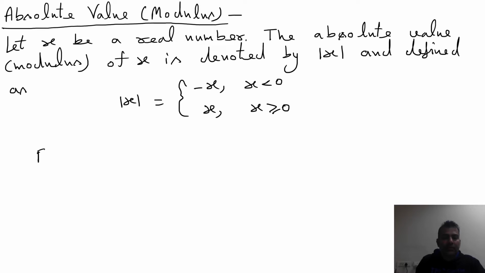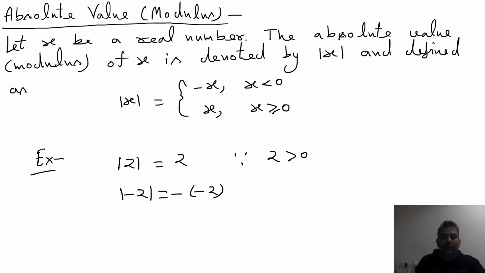So for example, mod of 2 is 2. Why? Because 2 is greater than 0. So it will fall in this case. And mod of minus 2 is minus of minus 2, which is 2. So why is it minus of minus 2? Because minus 2 is less than 0.